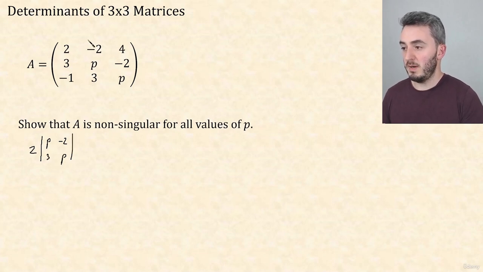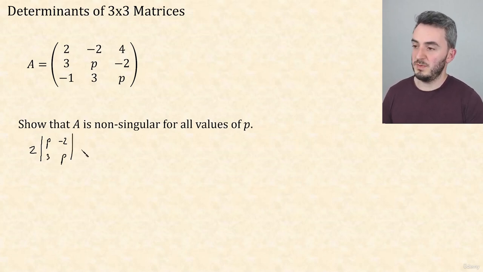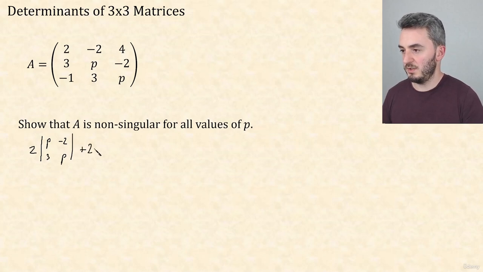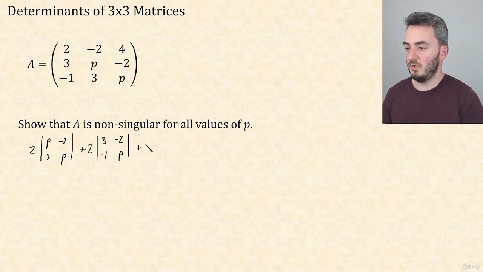Then it's minus 2, always goes plus minus plus, so plus 2 times the determinant of the submatrix when we ignore all the values in the same row and column as that minus 2. And that's 3 minus 2 minus 1 P. Then plus 4 times the determinant of this little submatrix here, which is 3P minus 1, 3.